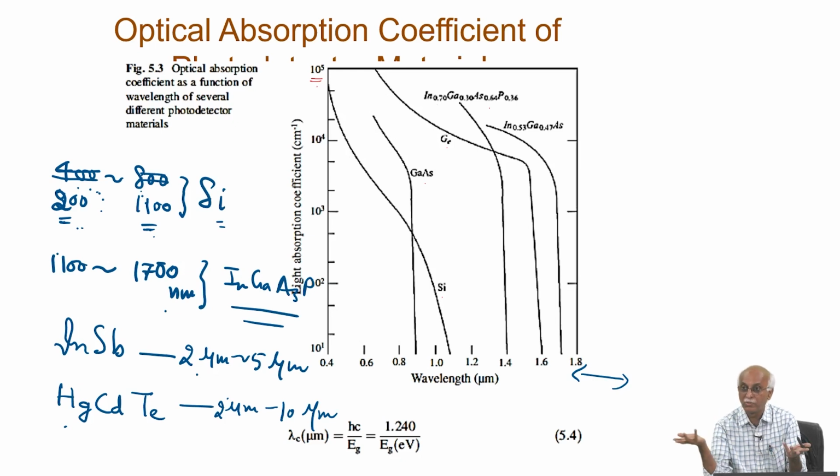It only gets transmitted, so we will not be able to do any measurements. In that case we prefer photodetectors based on indium gallium arsenide phosphide or indium gallium arsenide. If you want to go for a shorter wavelength, silicon is better, up to 400 nanometer.